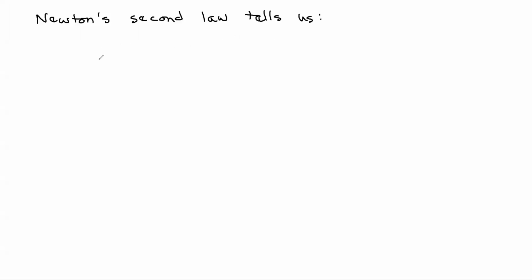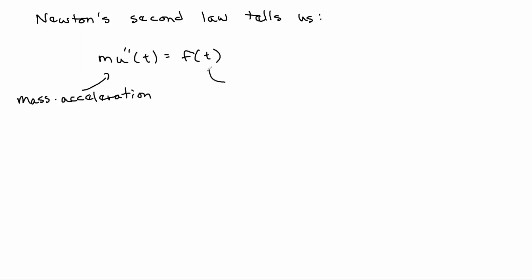Newton's second law tells us that the mass times the acceleration of an object is equal to the net force acting on that object. All right, so here we have mass times acceleration. We're using the second derivative of position for acceleration, is equal to the net force.